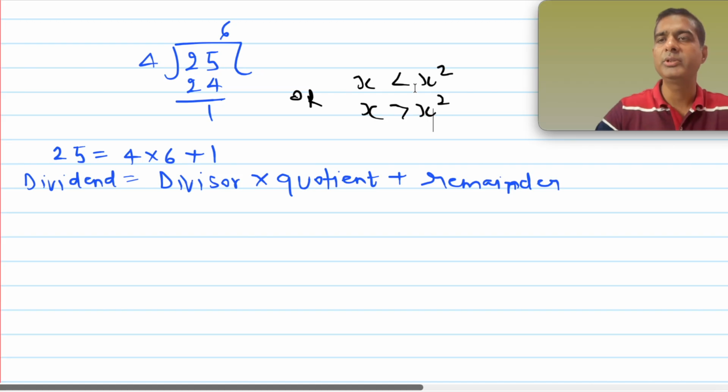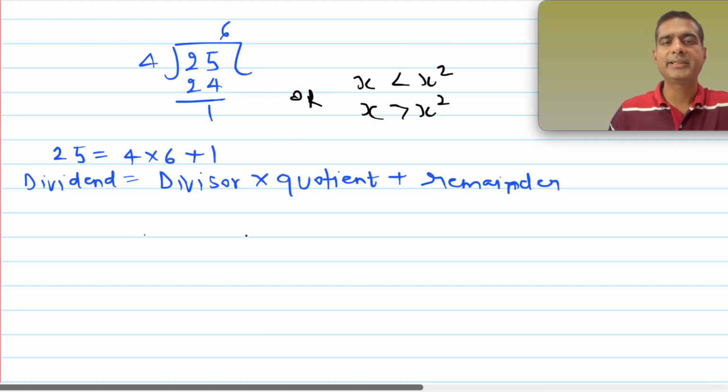To remove that difficulty, in case of polynomials the same relationship will be true. In case of polynomials, this comparison of the values of the divisor and the remainder cannot be done because they are polynomials and their values depend on the value of the variables.